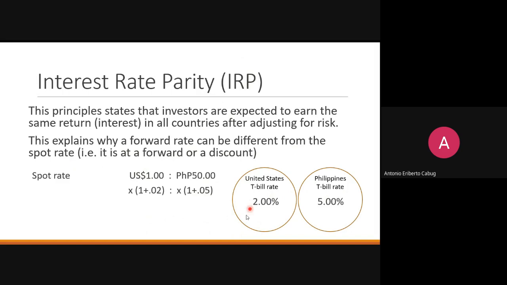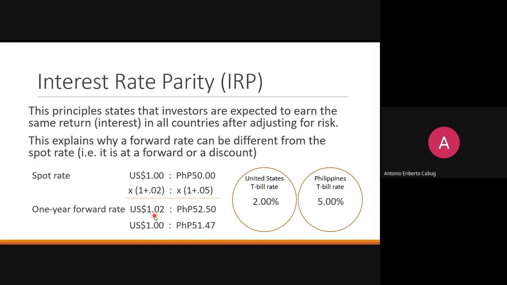So, if the United States Treasury bill will earn you 2% and the Philippine Treasury bill will earn you 5%, the forward rate in 1 year would be 1.02 US dollars to 52.5 Philippine pesos. So divide this by 1.02.